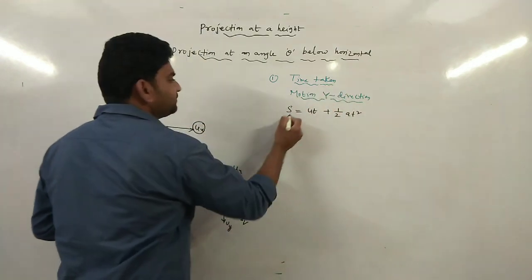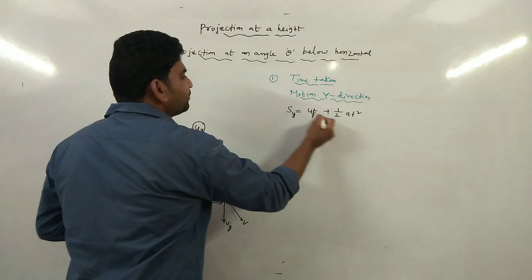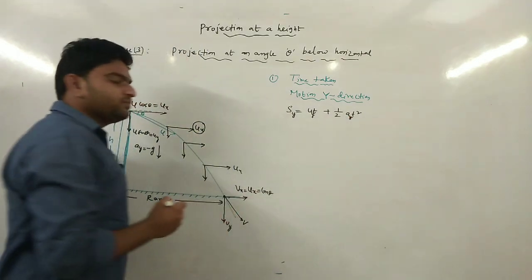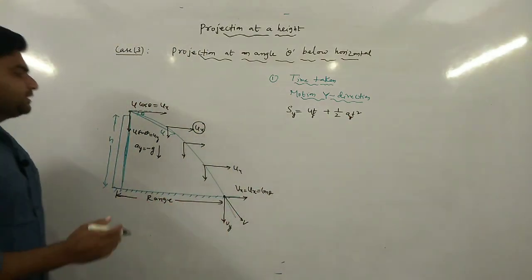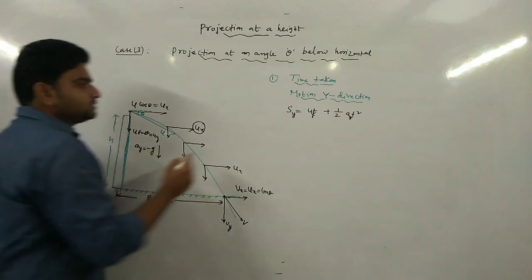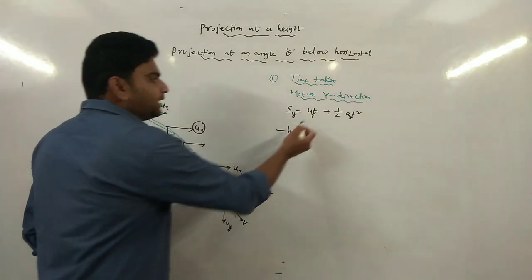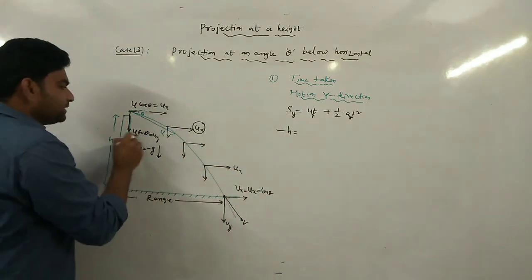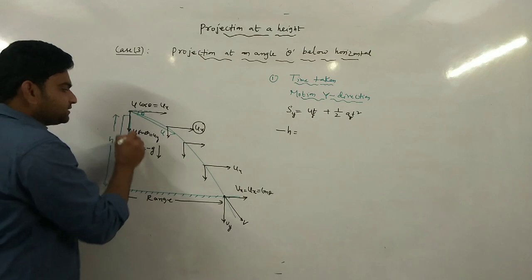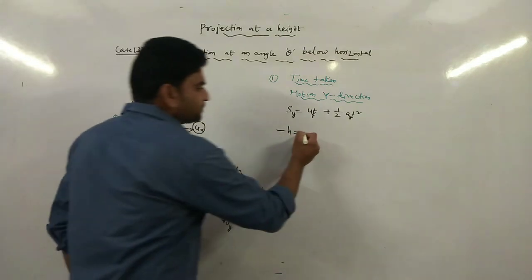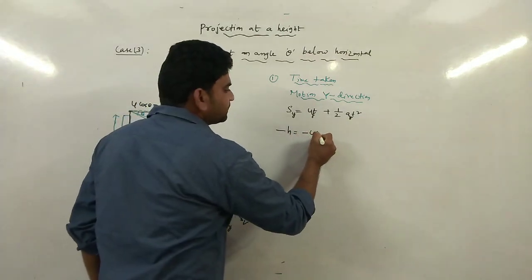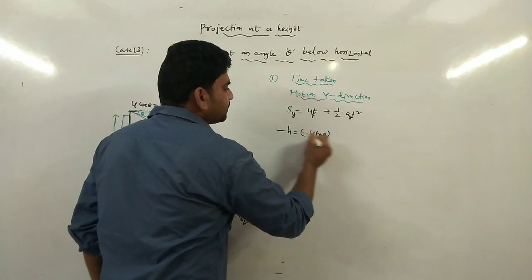As this is the y direction, we can write it as sy, uy and ay t square. Sy is nothing but my height, so from the sign conventions it is minus h, and uy is u sin theta, which acts downward, so minus u sin theta into t.